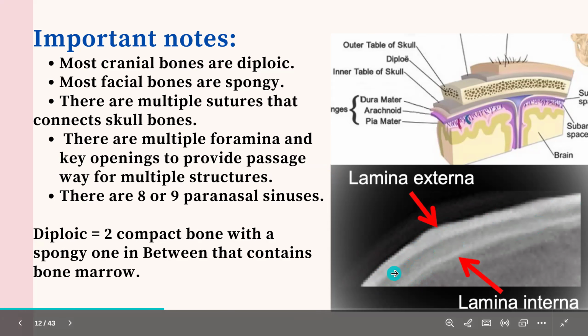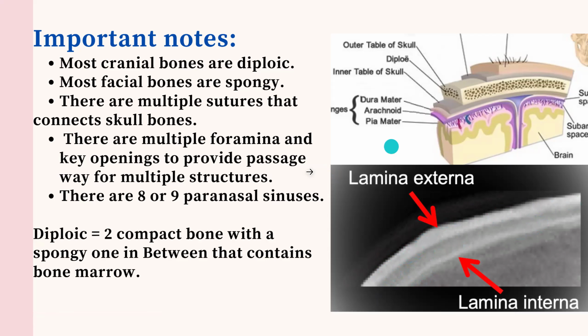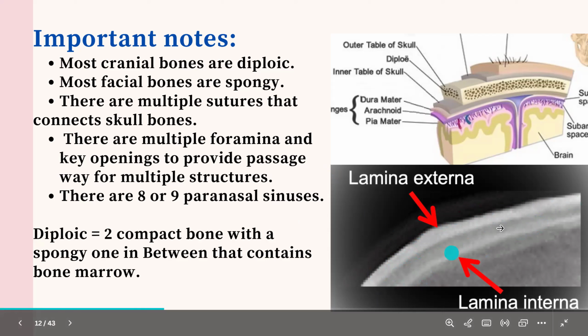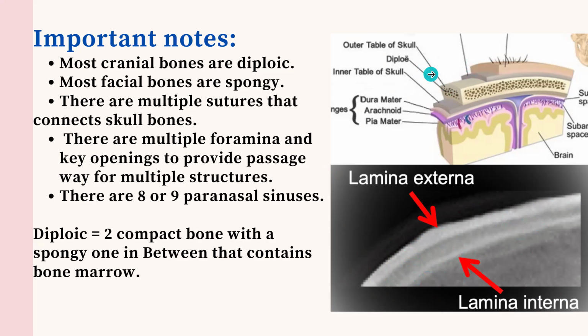We call the outer part of the bone the lamina externa, and the inner part the lamina interna. This another picture shows you the outer table of the skull, the inner table of the skull, and the diploe. Diploe is the spongy bone that contains the bone marrow and functions in bone and blood formation.